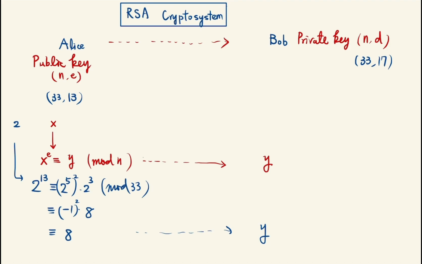Okay. And then Bob has to use his private key to decrypt the message.